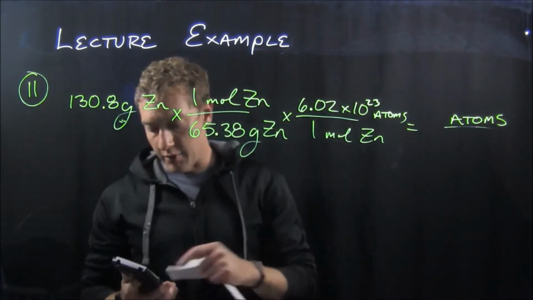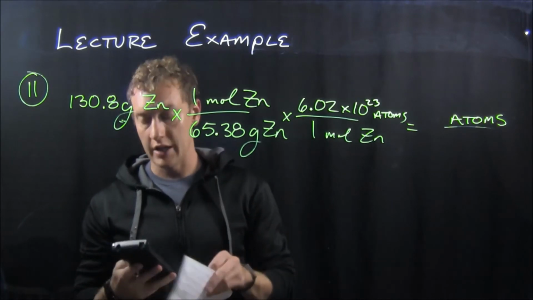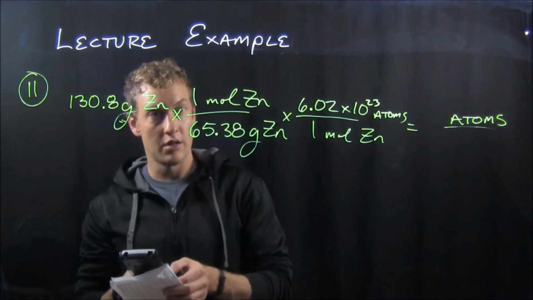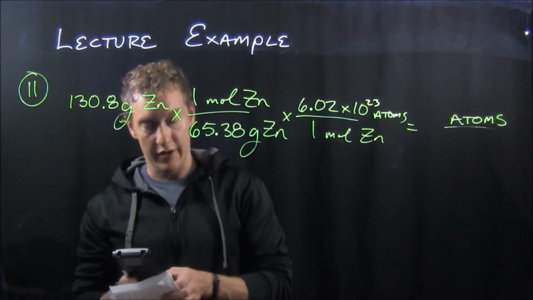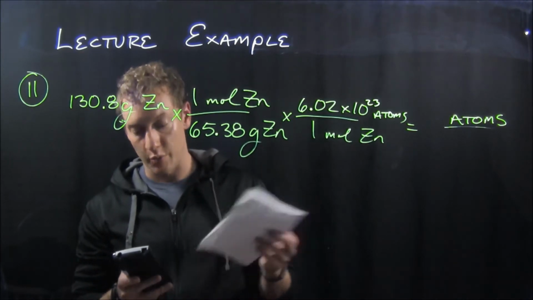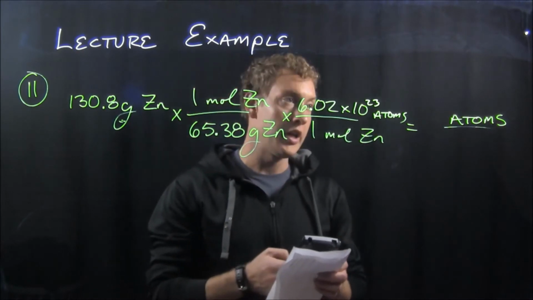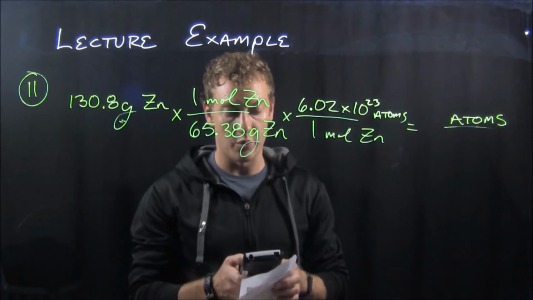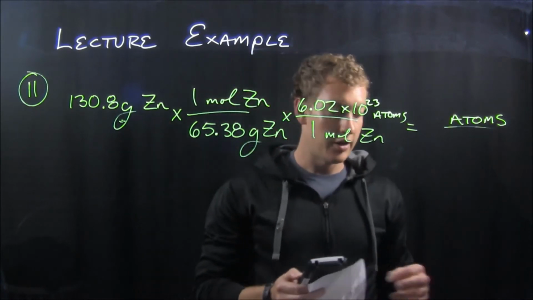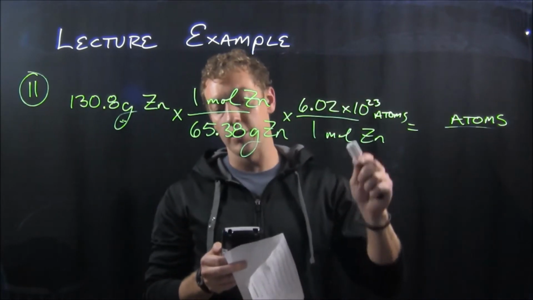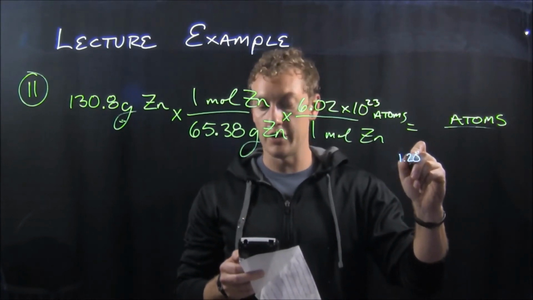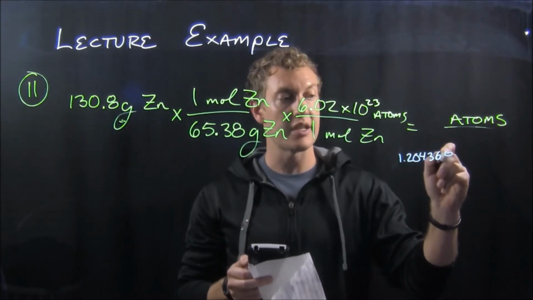Grab our calculator, and 130.8 divided by 65.38. So that means we're working with 2 moles, and then multiply that by 6.02 times 10 to the 23rd, and the calculator reports it as 1.204368.